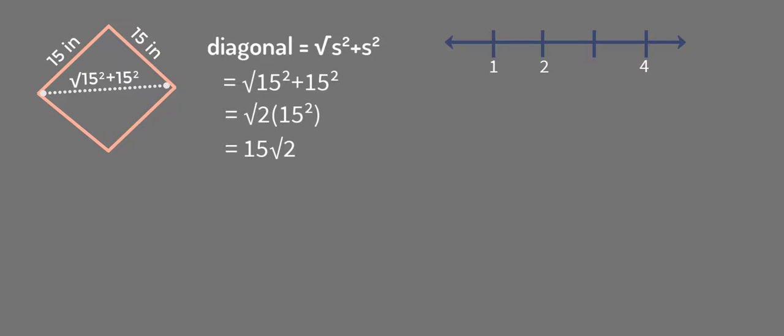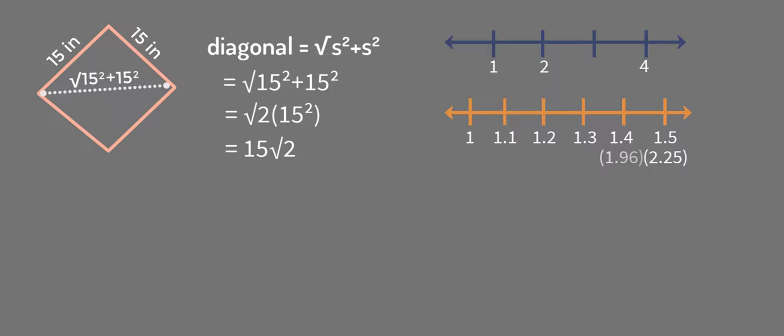So now, what about estimates in between? Let's look at tenths. Let's say this is 1, and this is 1.1, 1.2, 1.3, 1.4, 1.5. We'll start with 1.5. 1.5 squared is going to be 2.25, and 1.4 squared is going to be 1.96.